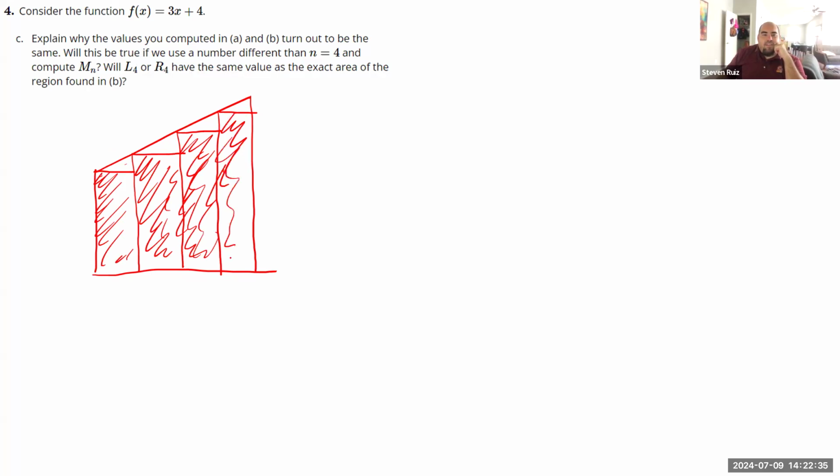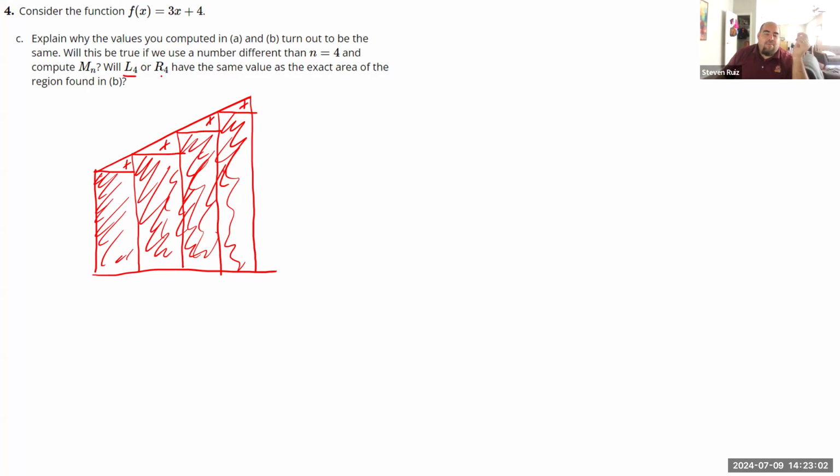So now you can see I'm going to get all these little triangles on top here that I'm not finding these areas. And unlike with the midpoint sums, there's not some other area I'm finding that's outside of this area that's going to cancel out. So because of that, L4 is going to have errors built into it, and they're going to be overestimated.